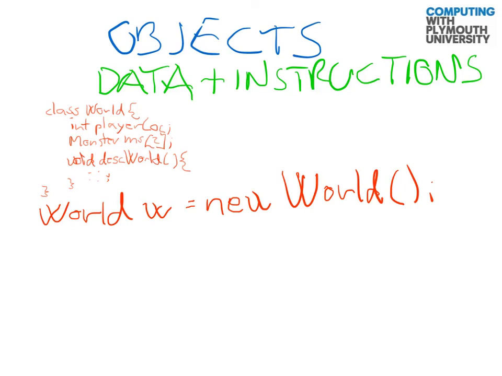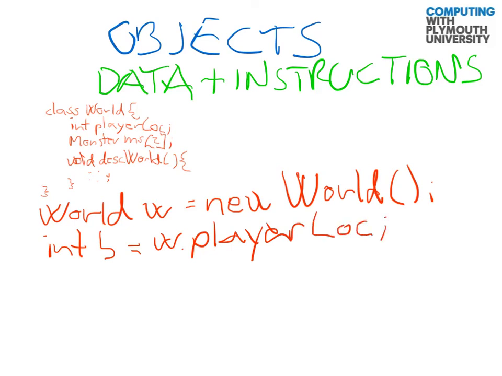Now if we want to use that world, we can go and say, like we did with the struct, we can have another variable and we can assign the value of w's player location. So we notice the dot notation, just like from the structure, playerLoc, that will get the value of that variable.